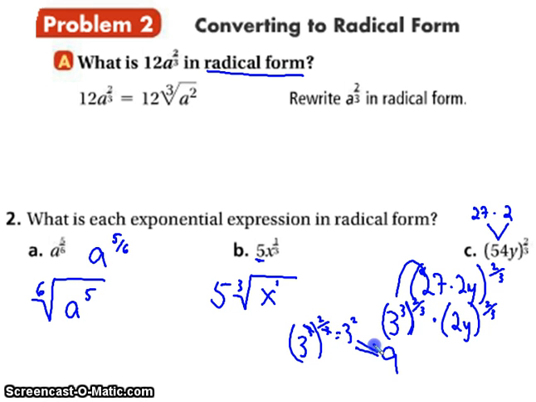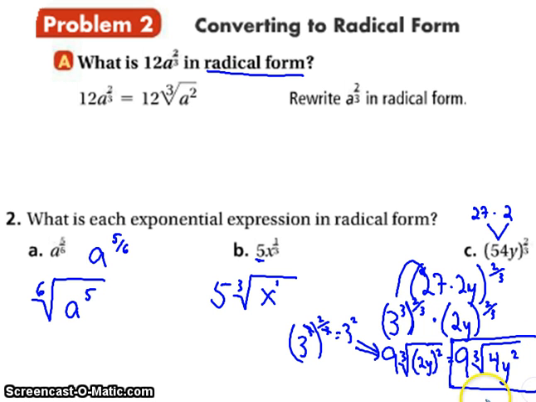So that's where we get that number. And then here I have the value inside. So I'm going to have the 3rd root of 2y squared. So then I can simplify that. So my final answer is going to be 9 times the cube root of 4y squared. 9 times the cube root of 4y squared.